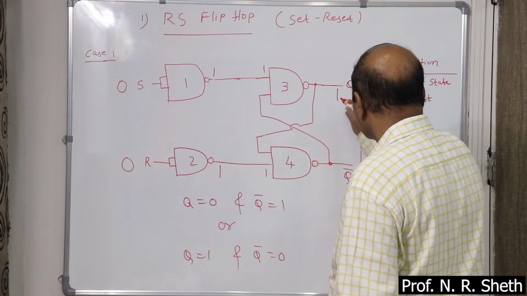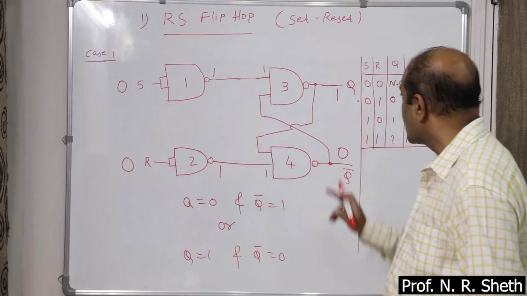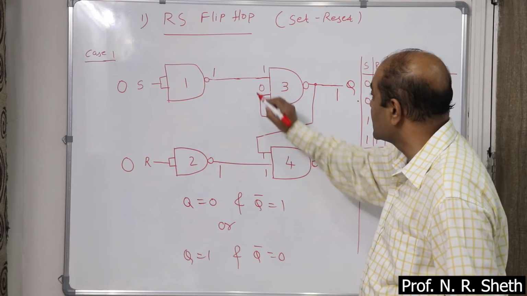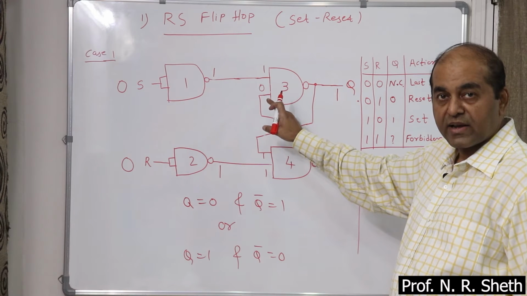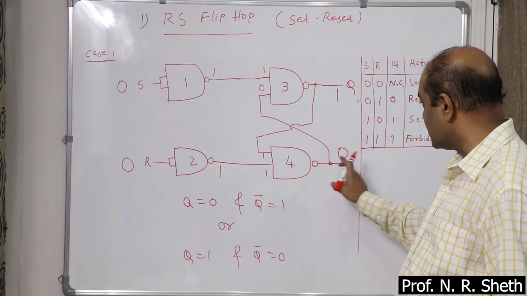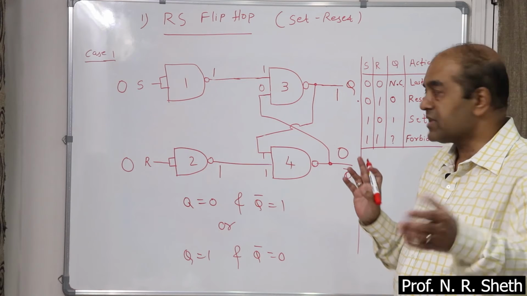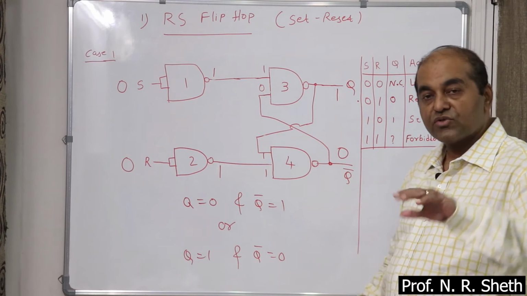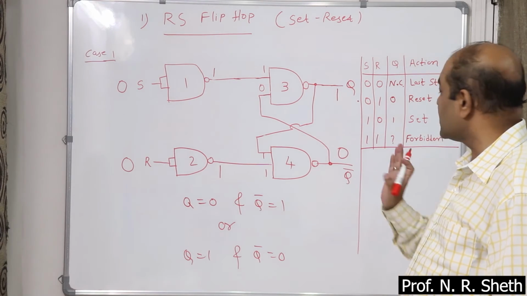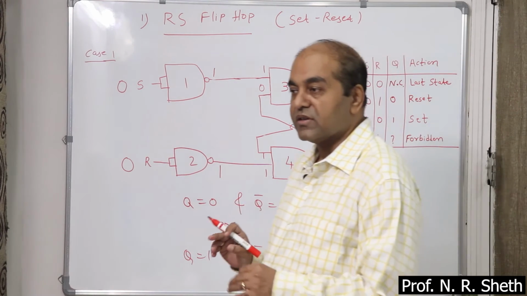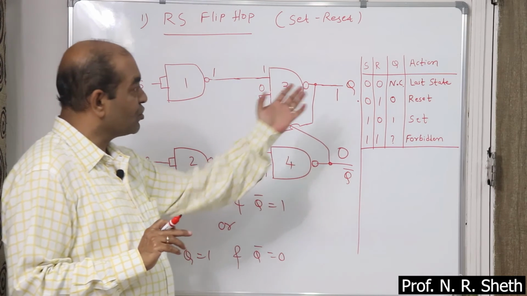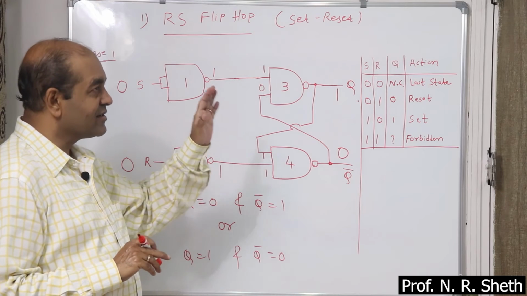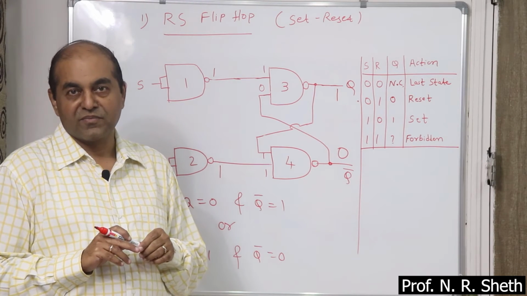So 1 comes here, 0 is here. For 1, 0 in a NAND gate, output is 1. For 1, 1, it is 0. So in the previous state we assumed Q is 1, Q bar is 0, and in the next state it remains 1 and 0. So that is why the entry is no change, last state.